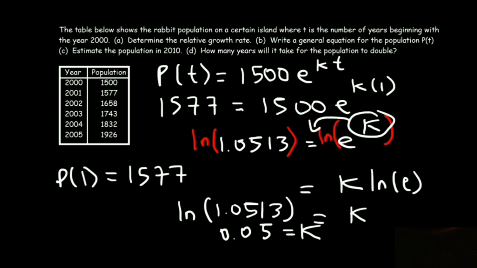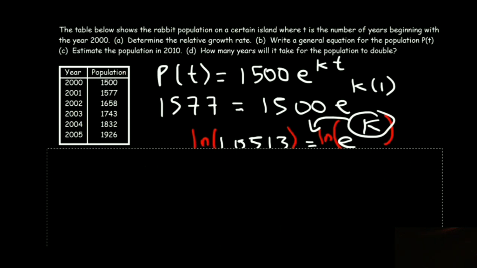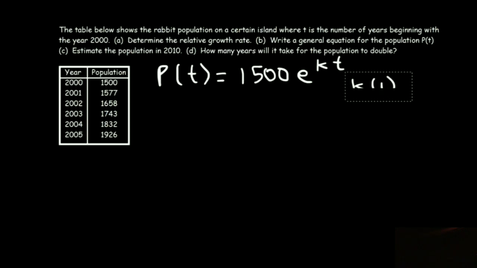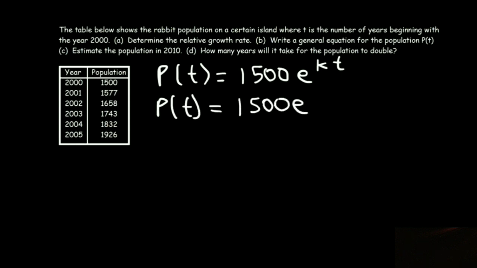So now we can write the general formula. It's going to be 1500 e, and all I need to do is replace k with 0.05 times t.